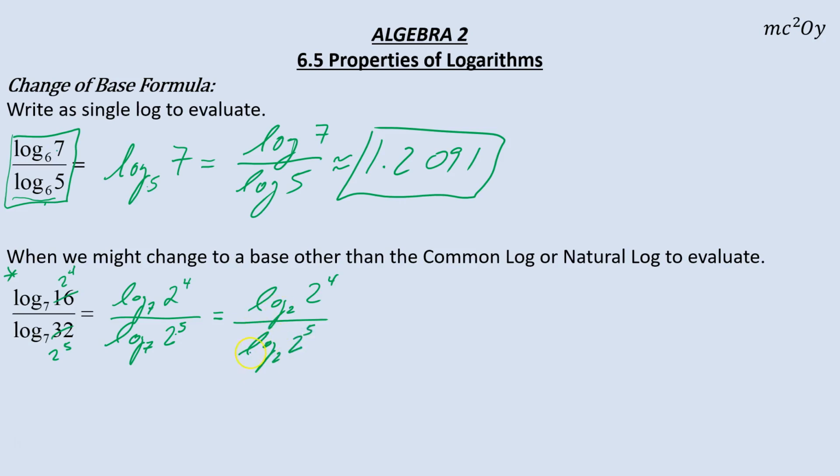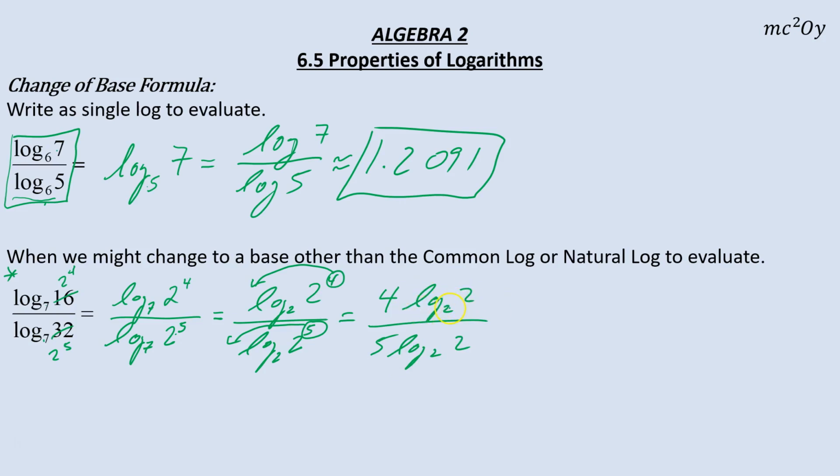Some may go, is that legal mathematically? Yeah, it is legal mathematically. They're already the same bases. You can make those bases whatever you want. And now looking at this, I can apply the power property. Bring that out in front, and bring that out in front. So that becomes 4 log base 2 of 2, and this becomes 5 log base 2 of 2.